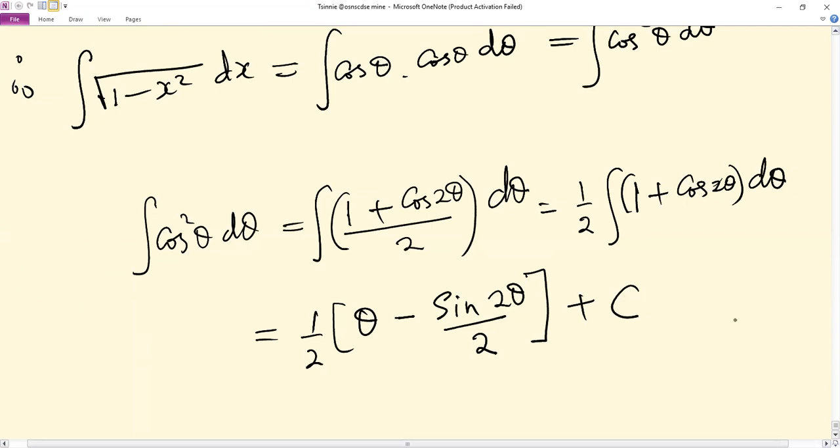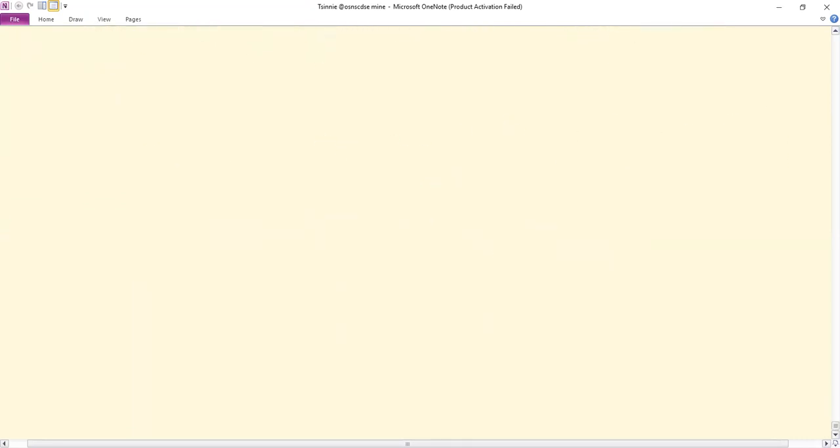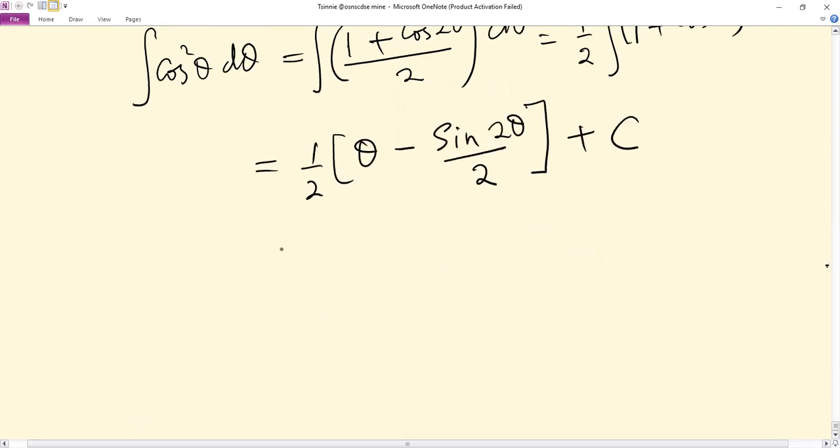But you see, we also know from our trigonometric class that sine of 2 theta is the same as 2 sine theta cosine of theta.